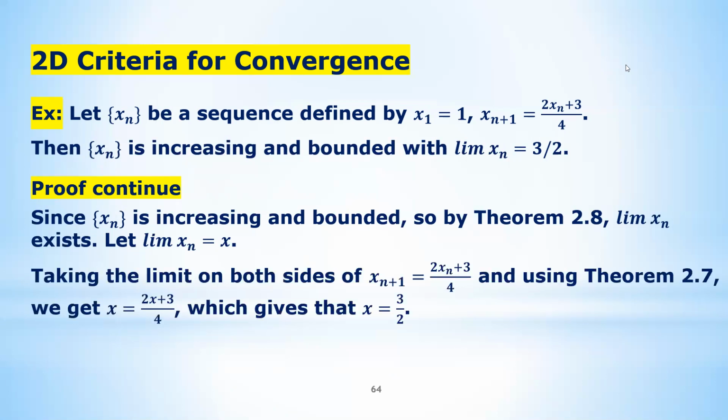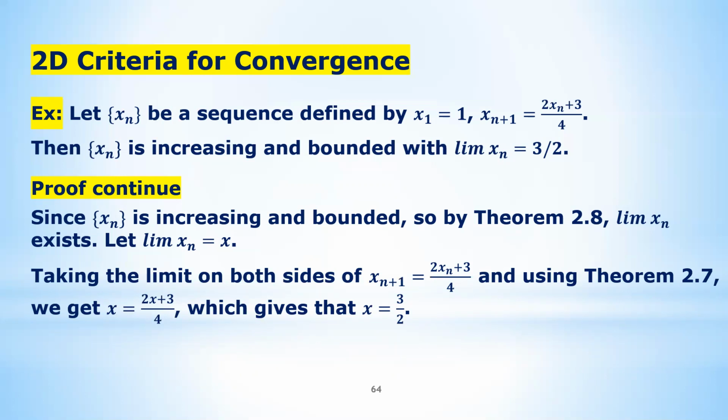And now we are going to take the limit on both sides of these equations. Then using 2.7, the combination theorem, you get that this limit should satisfy the same relation. That's x equals (2x plus 3) divided by 4, which will give exactly that x is equal to 3/2. Okay, you can verify, you can check this detail.